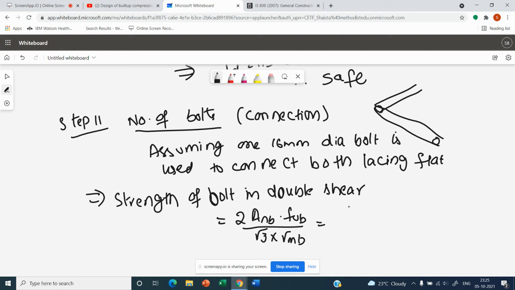0.75 times the diameter. You can calculate it and keep it aside. Net area of bolt will be 0.75 times the diameter of bolt.